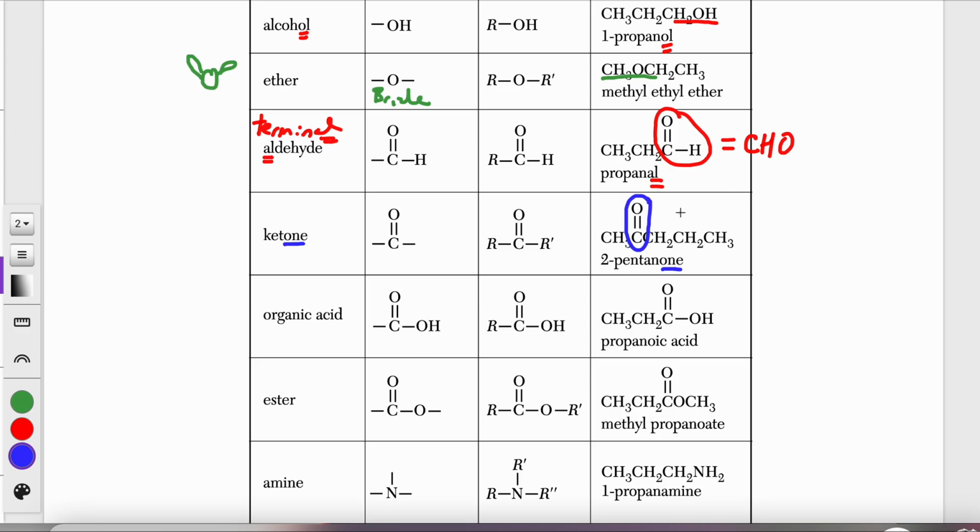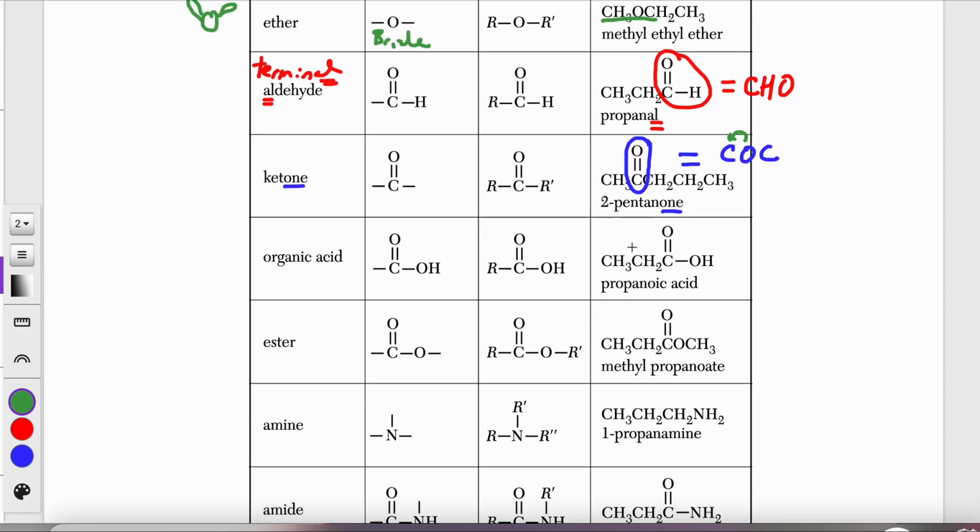What you are going to see if this is fully condensed, the letter sequence is going to be COC is what you're going to look for. And the O gets attached to the carbon with a double bond just before. So the ketone is somewhere on the interior part of the chain.